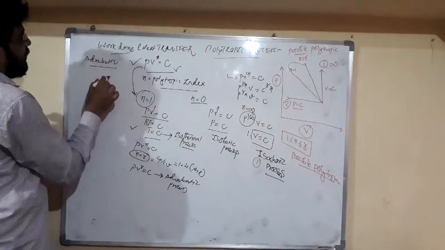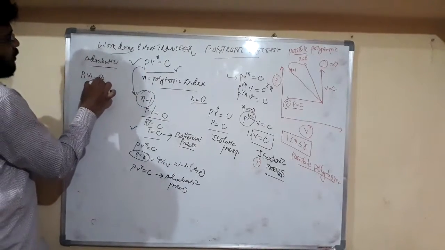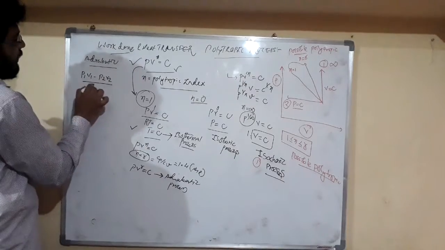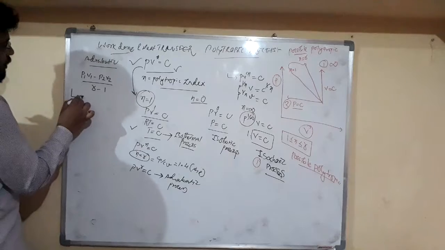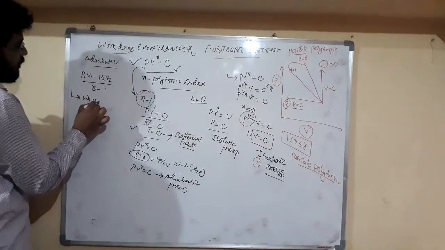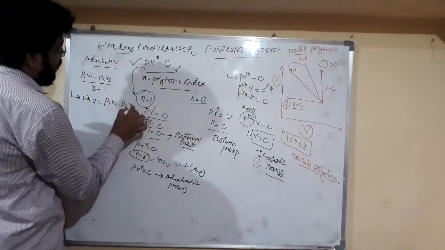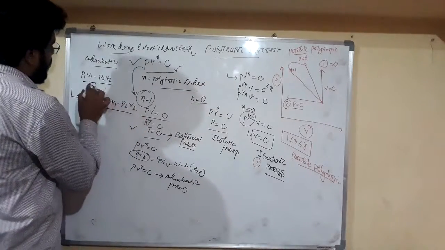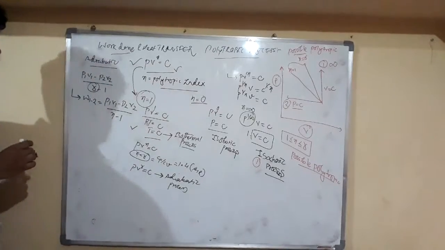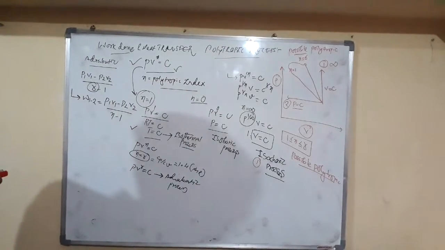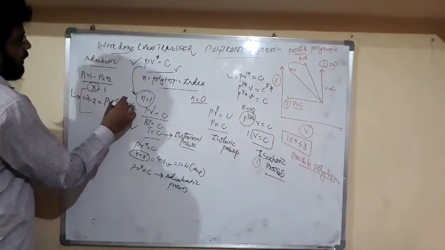In case of adiabatic, work done is (P1V1 minus P2V2) upon (gamma minus 1). So in case of the polytropic process, work done from 1 to 2 is equal to (P1V1 minus P2V2) upon (n minus 1), using n in place of gamma.